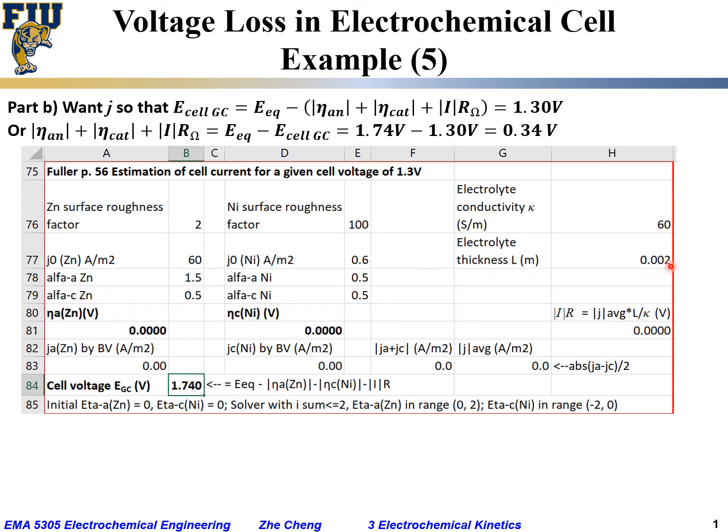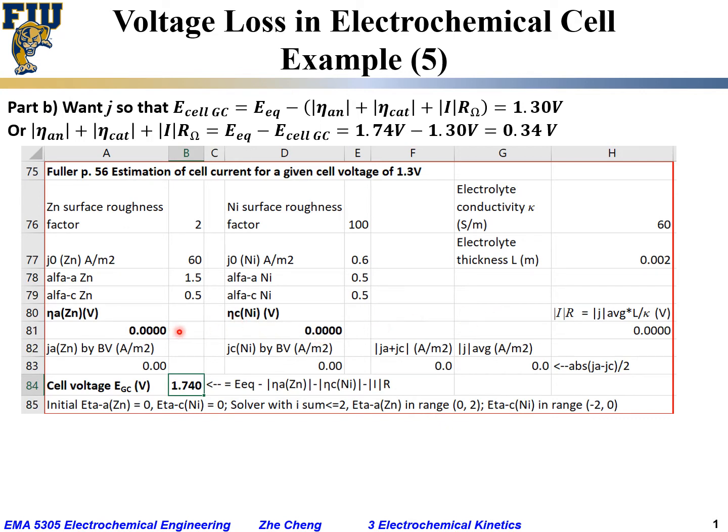Okay, and like before, we can provide initial guess for eta A zinc, overpotential, A for anodic zinc, and 0 eta C nickel, overpotential, and cathodic for nickel also to be 0. That's our initial guess.